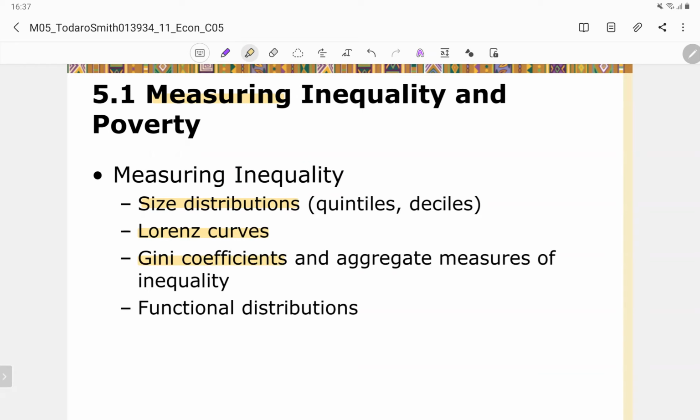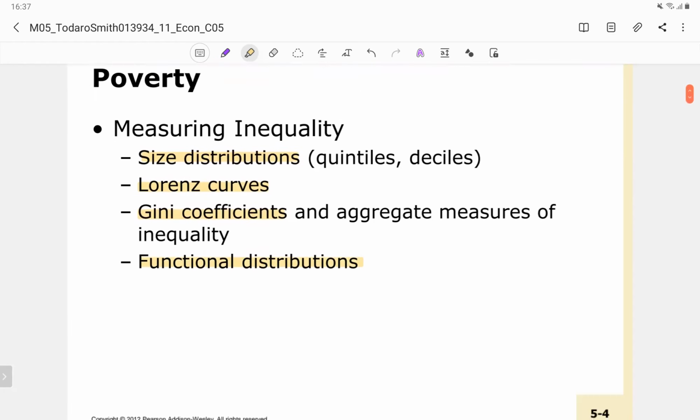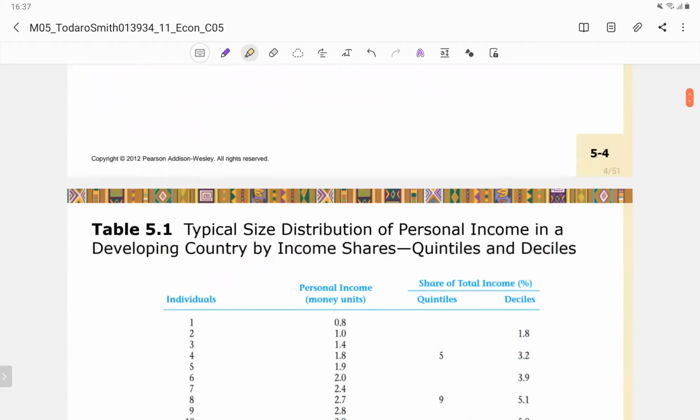Because we have talked about this, I think, in the first week, and also in the second or third week, I don't remember. And then we also have functional distributions. So we will talk about many ways to measure inequality and poverty.